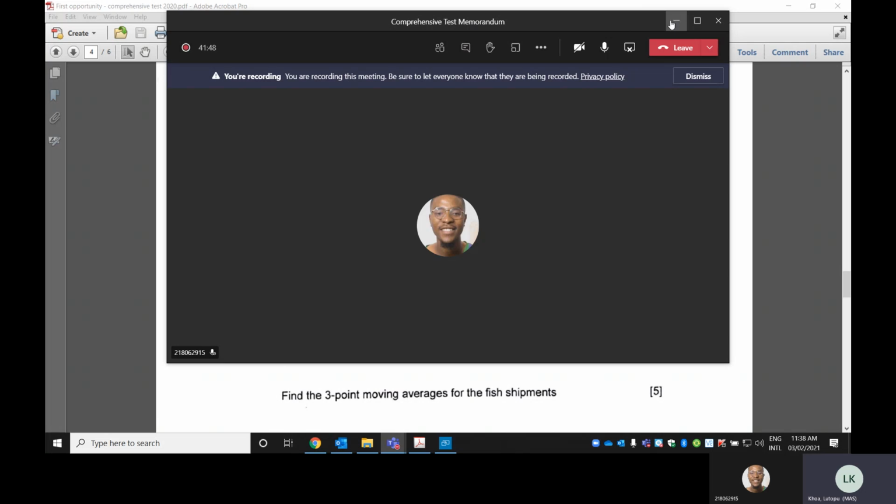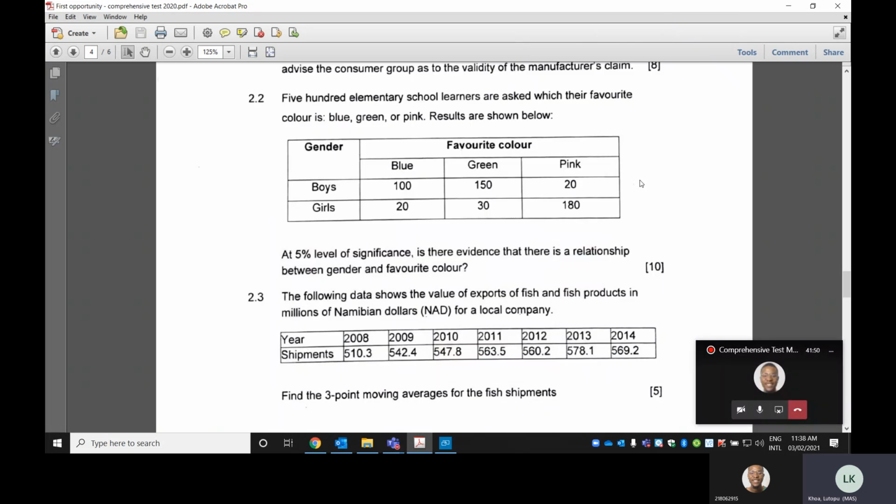Most of the boys like blue, so here we would expect that there is a relationship between gender and favorite color. Okay, so let us do the working to see if what we're thinking is in fact correct.